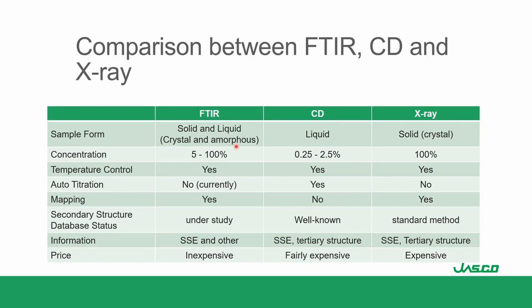Of course, it is possible to do temperature control, and if the user has an FTIR microscope, it is also possible to do mapping of the samples. Secondary structure, yes, is under study, and this is what I'm going to show, how we estimate this secondary structure, and it's a relatively inexpensive technique compared to X-ray.